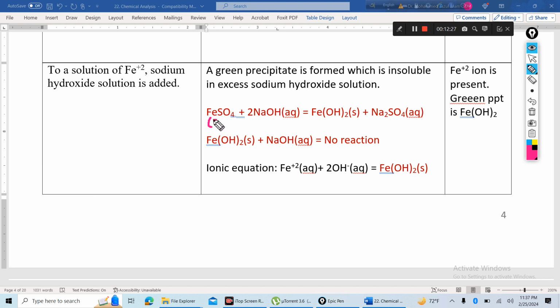Iron 2 sulfate aqueous plus sodium hydroxide aqueous: iron takes hydroxide ion to form iron 2 hydroxide. This is the green precipitate. Iron 2 hydroxide is green PPT. PPT means precipitate.